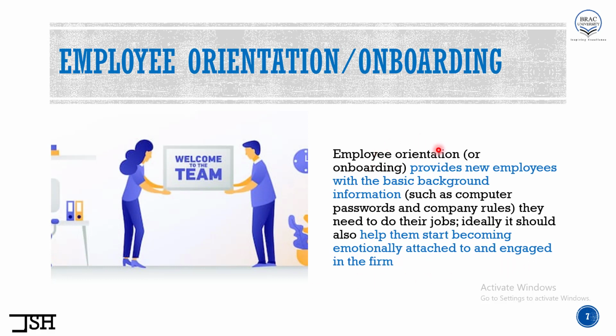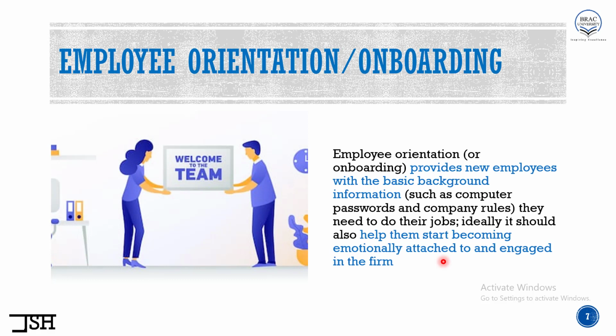So the main purpose of an employee orientation program is to give you basic background information about your company and about your team, and also to make you emotionally attached to the company or the firm, just like it happens in a student orientation program. Now, obviously, there are some other important details about an employee orientation program. Many of it is self-explanatory, so it's not very difficult to understand.